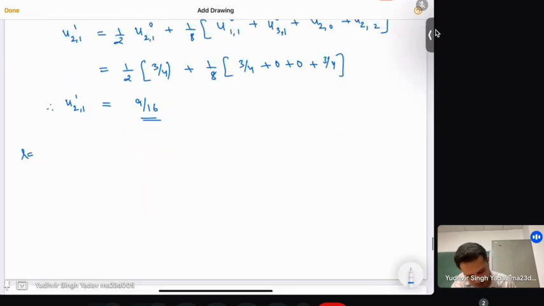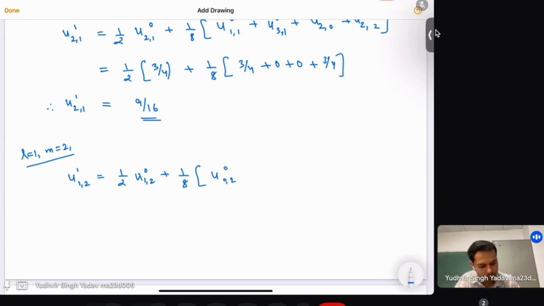Now we will take l equals 1 and m equals 2. So we will have u(1,2) at level 1 equals 1/2 times u(1,2) plus 1/8 times u(0,2) equals 0, u(2,2), u(1,1) and u(1,3).